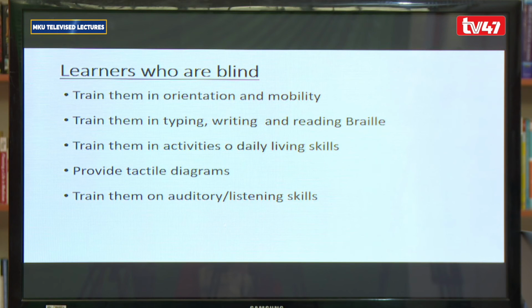And when you talk of tactile diagrams, also tactile material, for example, they are also able to access the typing material, the special paper that we use for Braille, so that at the end of it, they are able to touch and they are able to read what they have typed. Train them also on auditory and listening skills.